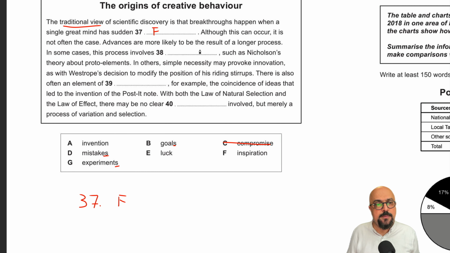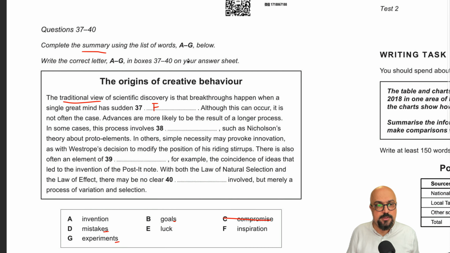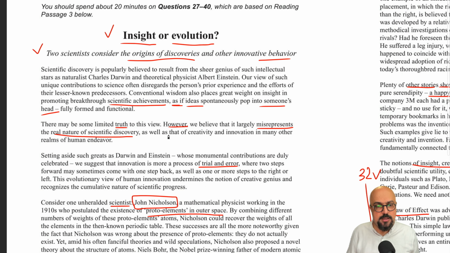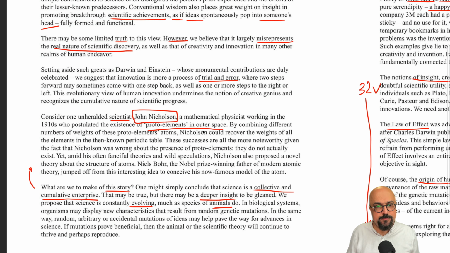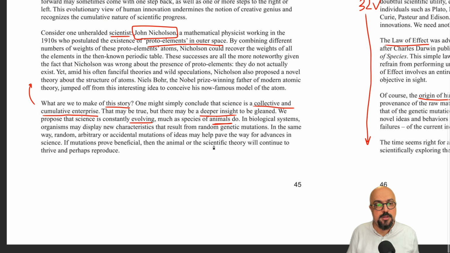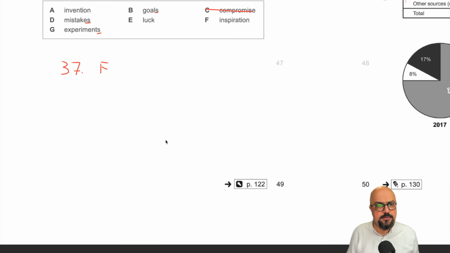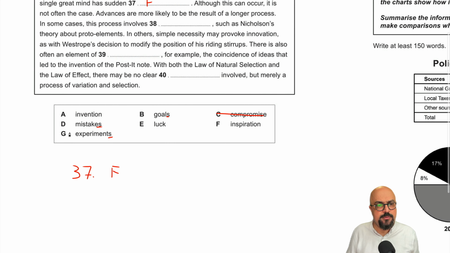Remember, this guy, what did he do? Nicholson. Let's go to the text. I think it's necessary because I don't remember what happened here. Was wrong. Okay, he was wrong about this. So because he was wrong, we should choose mistakes.